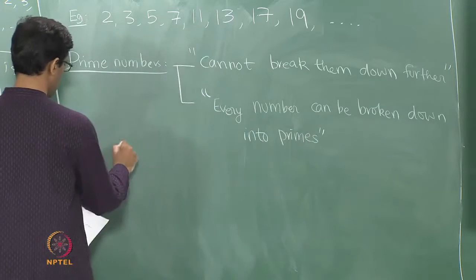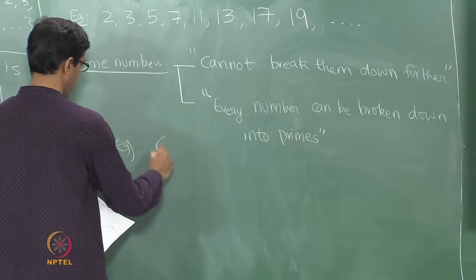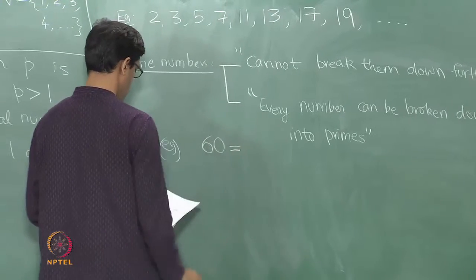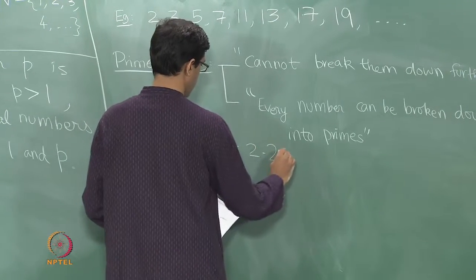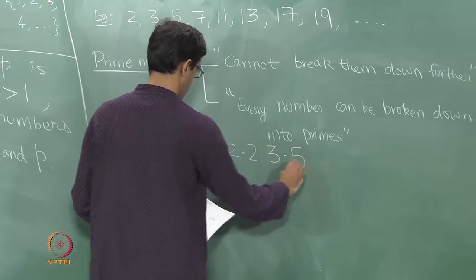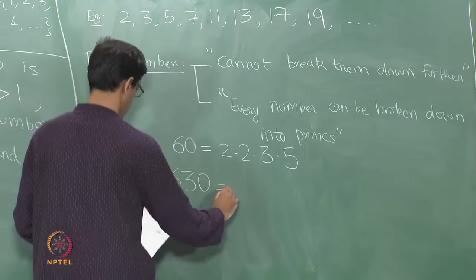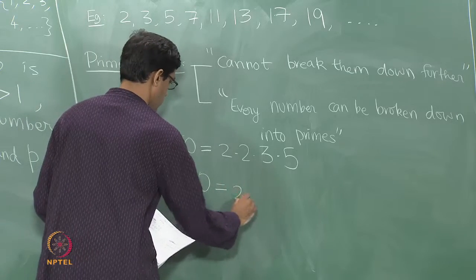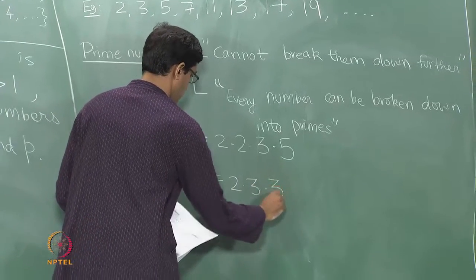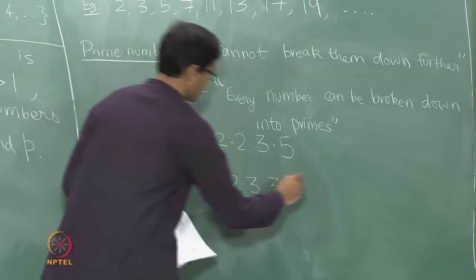So examples of the latter principle: if you have the number 60, this is 2 times 2 times 3 times 5. Similarly, 630 for instance would be 2 times 3 times 3 times 5 times 7, and so on.